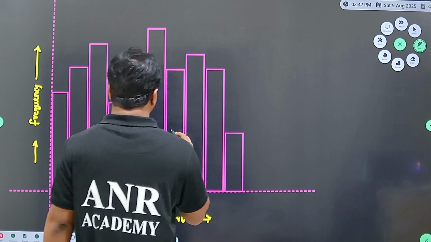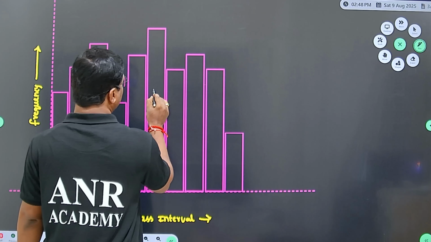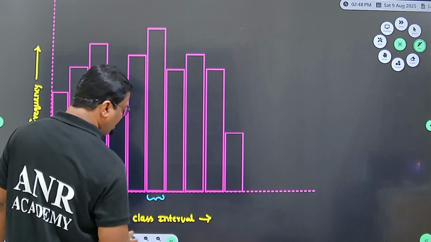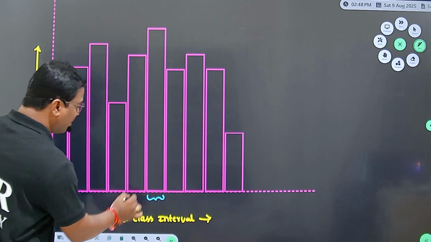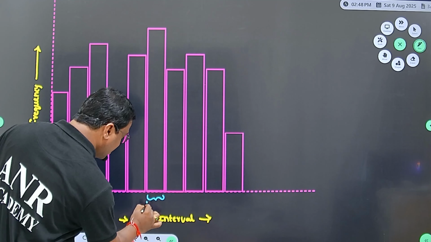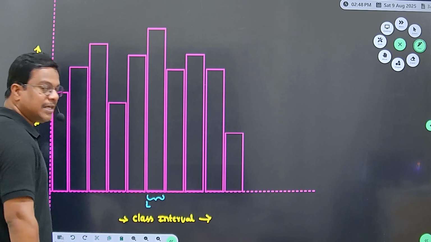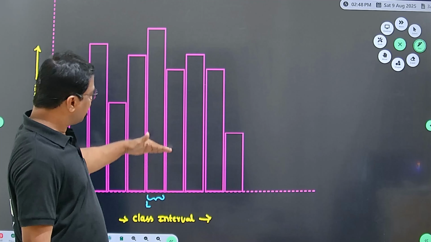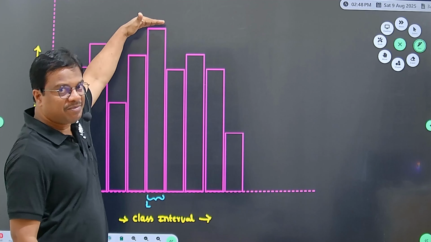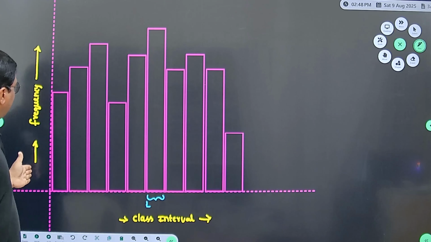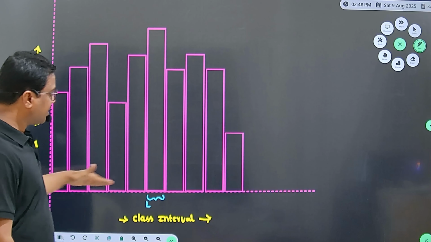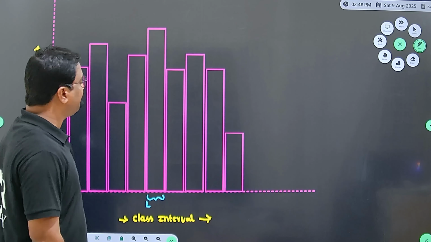I am going to write here, this is actually the modal class, for which this one is the lower limit L, and this interval has the maximum frequency. Why? Because the y-axis indicates frequency and the x-axis indicates class interval.